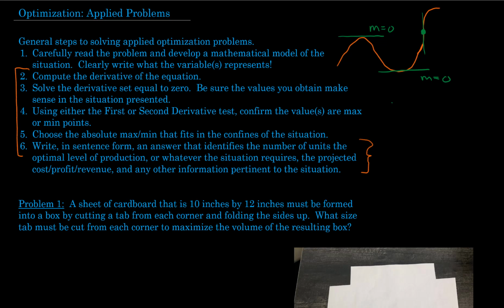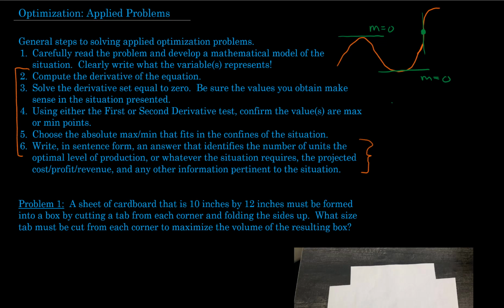For example, you might be asked, well, how many cans do we need to produce a day to maximize profit? Okay, so you can come up and say, well, we need to make 30,000 cans a day.